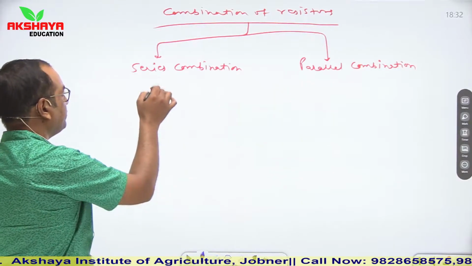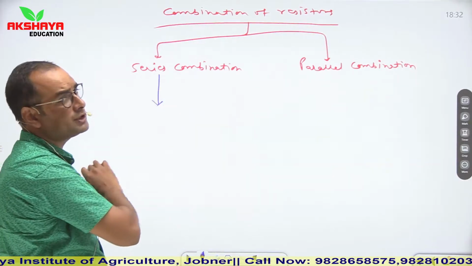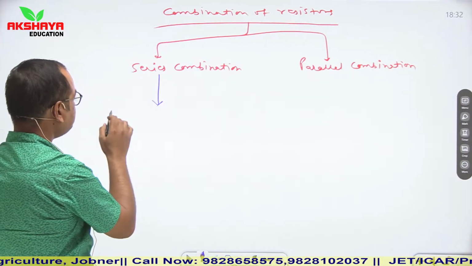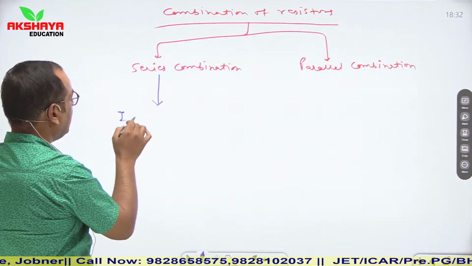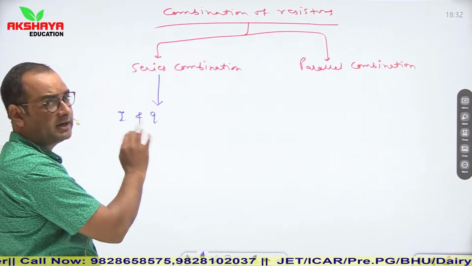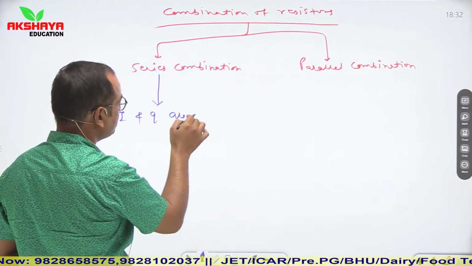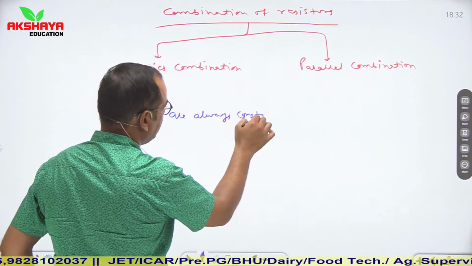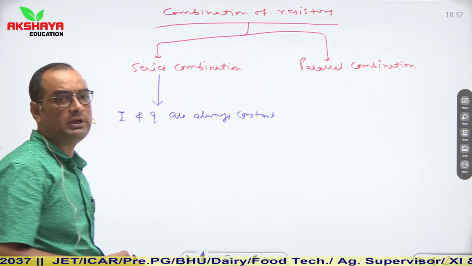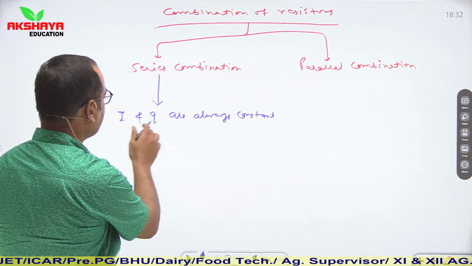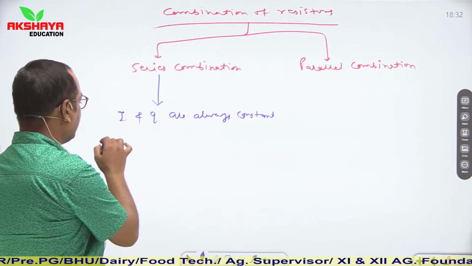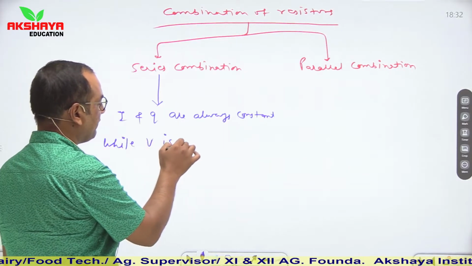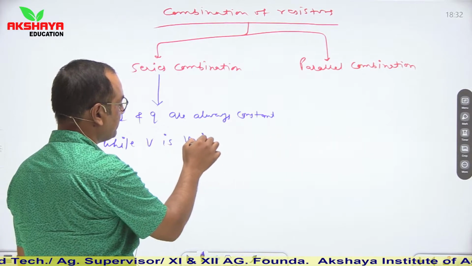In case of series combination, whether they are resistors, capacitors or inductors, I and Q, meaning electric current and charge, are always constant through each and every appliance, while potential difference is variable.